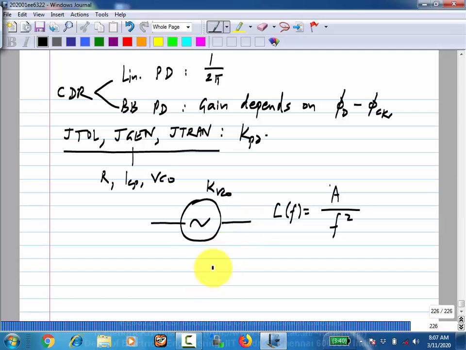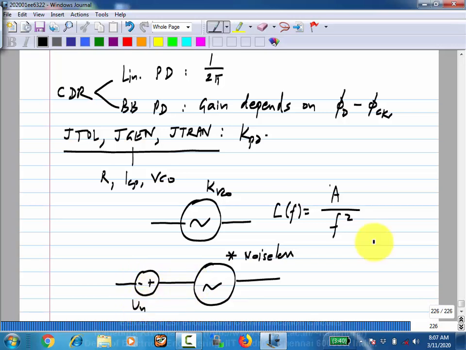Now exactly the same thing can be produced by a noiseless VCO and some noise voltage here. What does this noise voltage have to be, or what should be the spectral density of this noise voltage to get the same phase noise? Or what is the relationship between the spectral density of this Vn and the phase noise of the output?